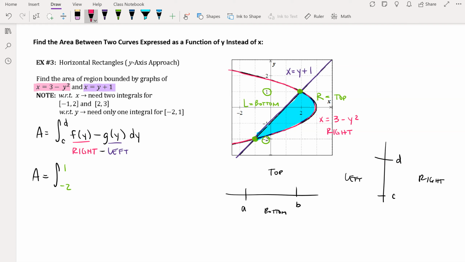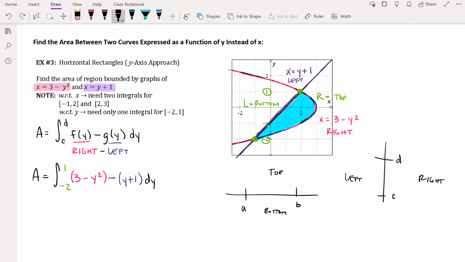So that's going to be 3 minus y squared, minus my left function, which is the purple function right here, the left bound function. So it's going to be minus y plus 1 with respect to y instead of x, because now we're integrating up the y-axis. We're adding up areas vertically instead of horizontally.